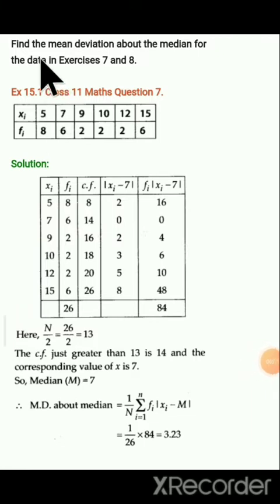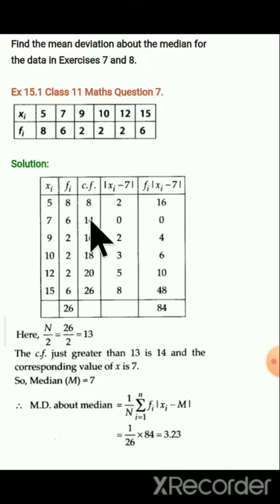So here next question is find the mean deviation about the median for the data in the exercises 7 and 8. To find out the mean deviation about median, first we have to find out the value of cumulative frequency. So for that we have to consider first value as it is.